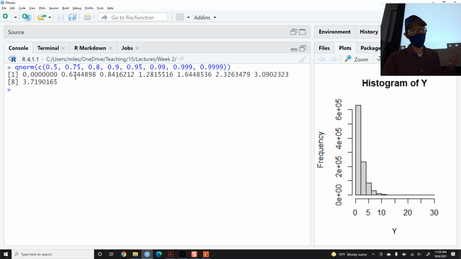For 75%, the z-score is 0.6744. For 90%, it's 1.28. For 95%, 1.6448. And 99% is 2.326. These form the boundaries, and we ask what is the mean of z being less than, say, 0.6744898. We get something close to 0.75, not exactly 0.75, because it's a Monte Carlo estimate.